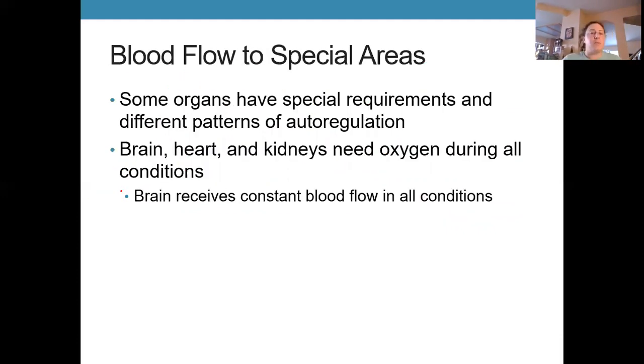So the blood flow to special areas is about how we have these critical parts of the body that just don't get to be deprived, like ever, because the consequences would be too high. And basically that's the brain, the heart, and the kidneys, although the kidneys do get screwed over if absolutely necessary.